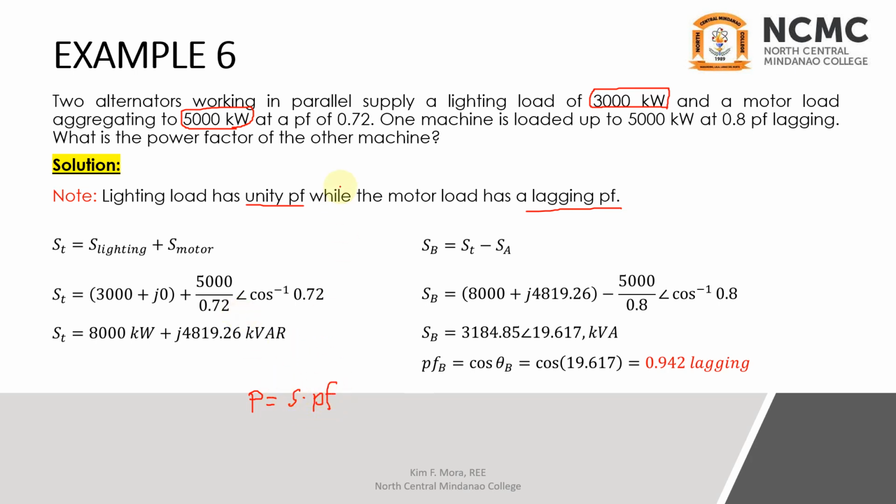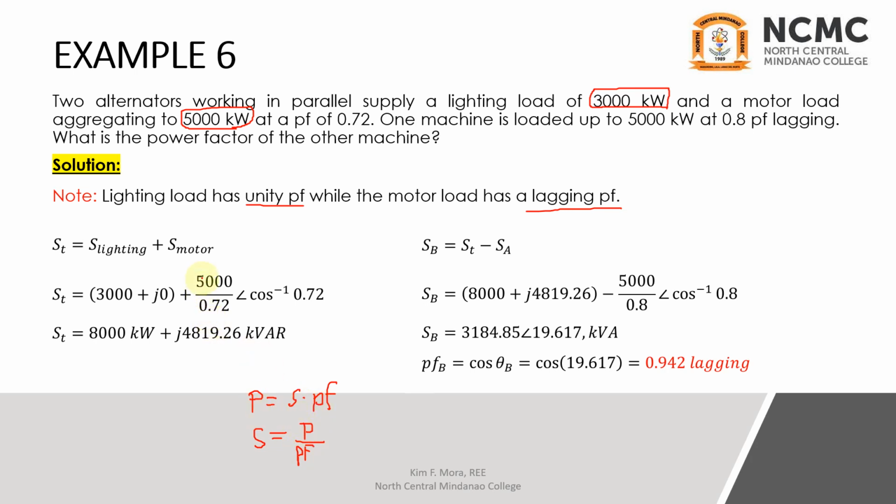Since the given is power, to find the apparent power we just divide the power by the power factor.